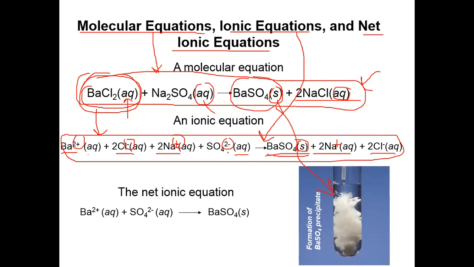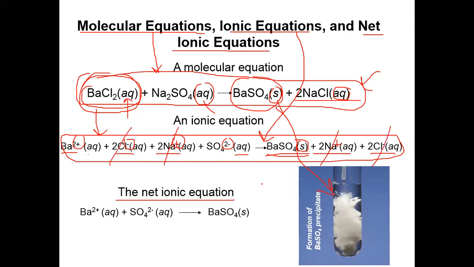And the last one is the net ionic equation. What it means is that we look at the left-hand side and the right-hand side of the ionic equation, and we cancel out each and every identical ion. For example, we have identical ions, sodium and sodium, chloride and chloride.